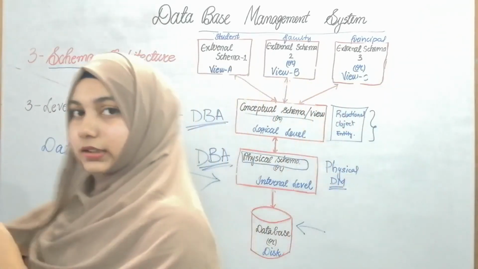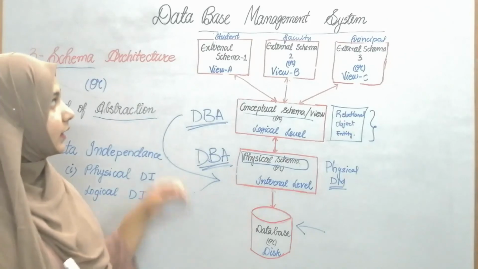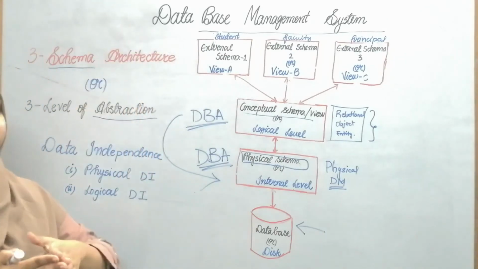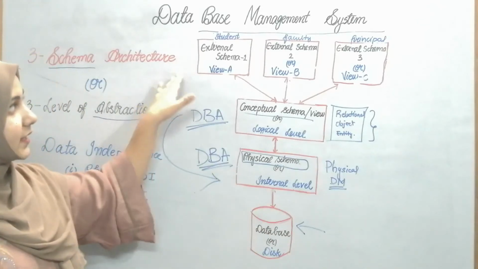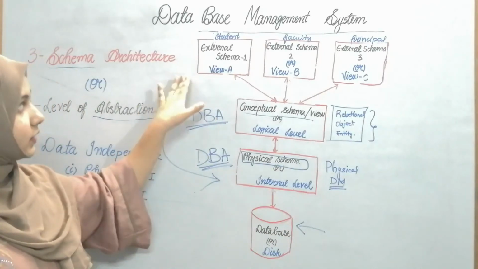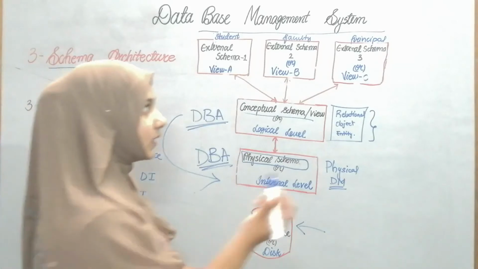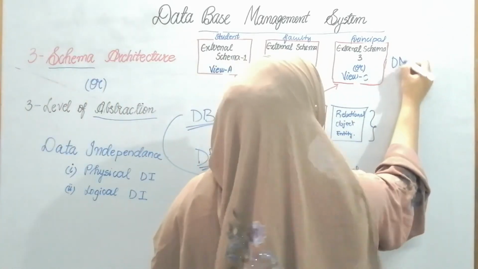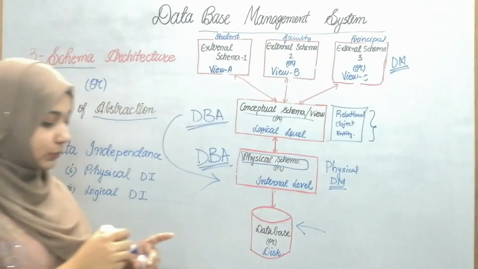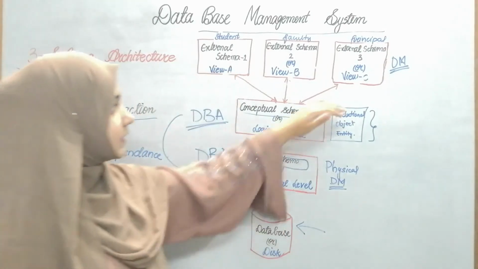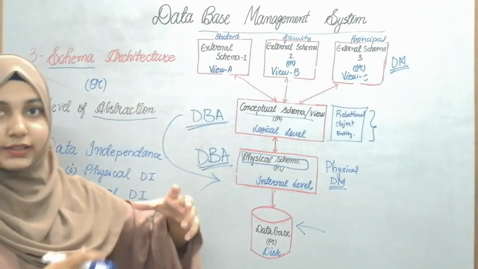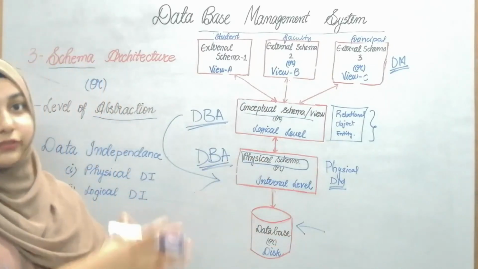All we are studying in this three schema architecture is that we are going to separate the user from the database at three different levels, and each level has its own schema. External will have its own schema, and here we'll be using different data models to model this. Schema means structure. We are going to design it. So this external schema will be designed using different data models defined in a different way.